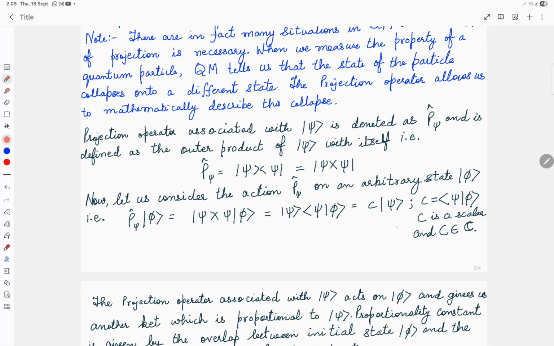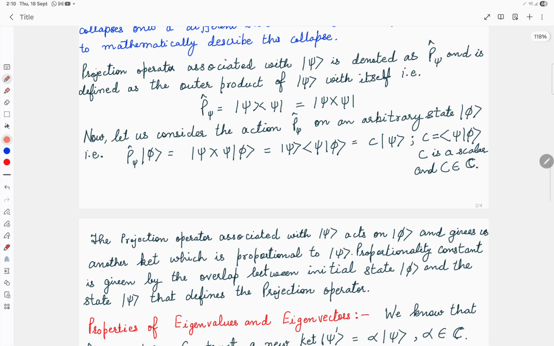C is a scalar here, it can be a complex number. So the role of the projection operator on a certain state ket phi is to change the quantum system into another quantum state, just a scaled version. The projection operator associated with psi acts on ket phi and gives another ket which is proportional to psi, because there is the C quantity, so it is a proportionality constant.